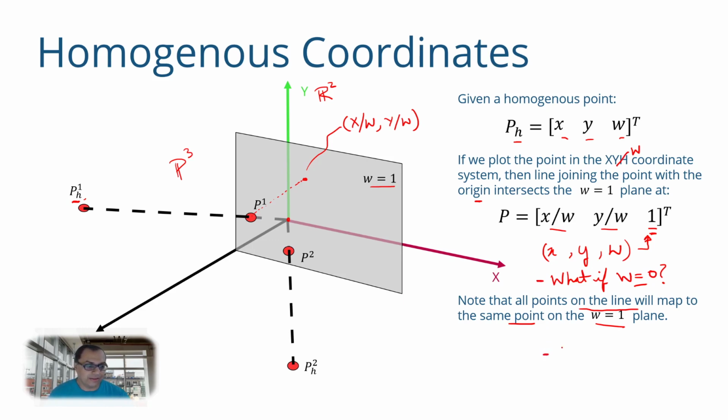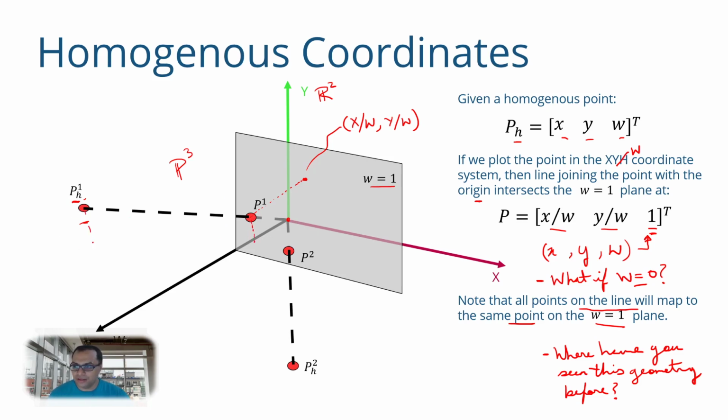The second thing I want you to think about is: where have you seen this geometry before? So this geometry here, where you have a point and a ray joining that point with the origin, and you take the intersection of this ray with a plane, and you get this other point.